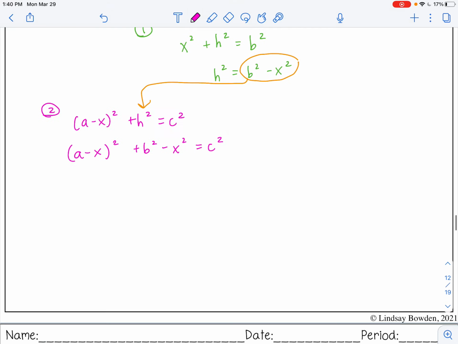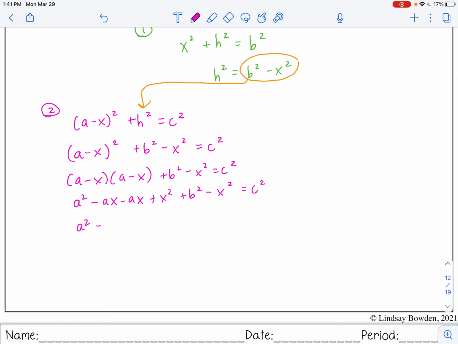All right, and then I'm going to expand that binomial squared, and bring everything down, and then combine my like terms.